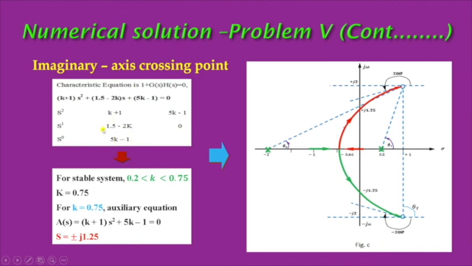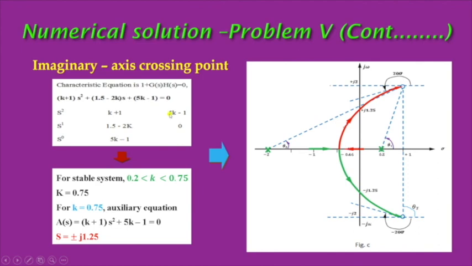If we consider this one greater than 0, then K is less than 0.75. So this is the range of K for a stable system: K is greater than 0.2 and less than 0.75. But if we consider this equal to 0, then K equal to 0.75.